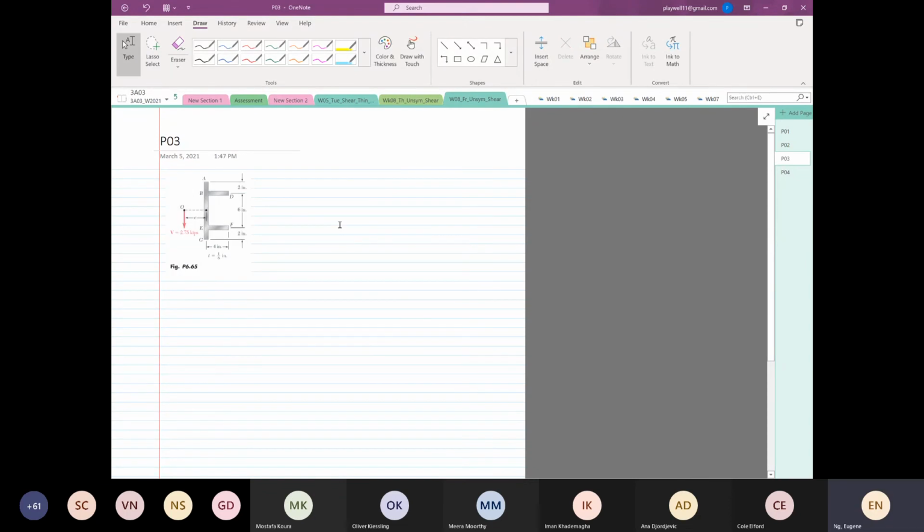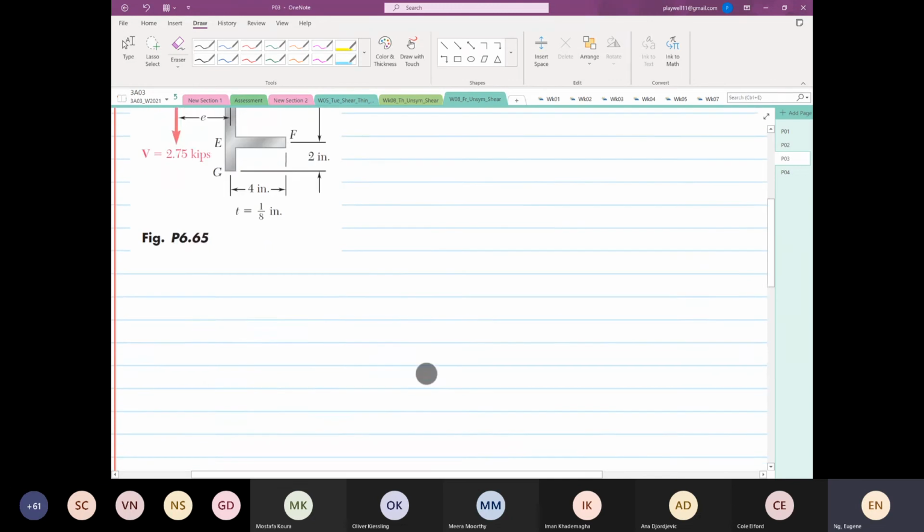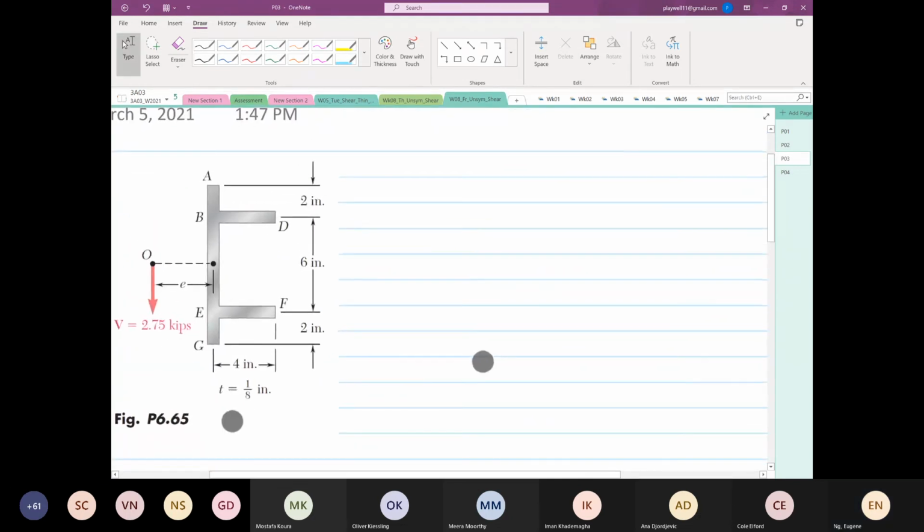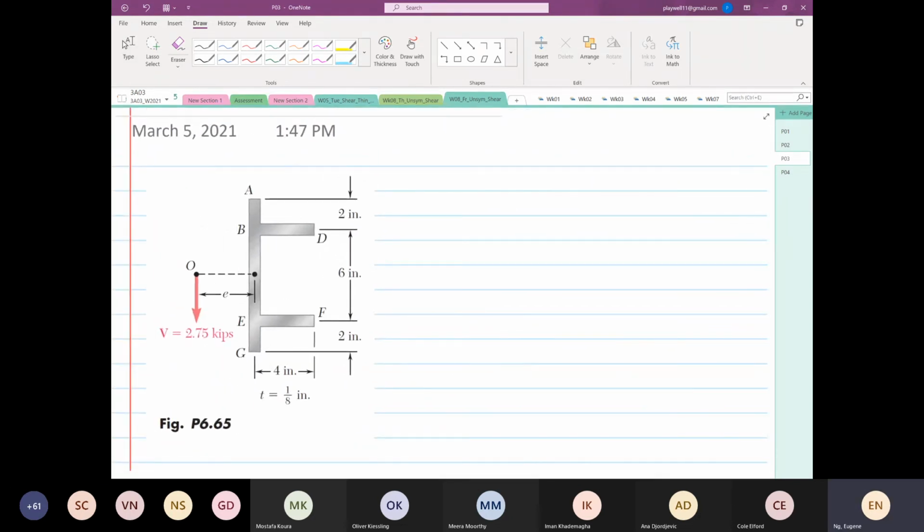So the next step we're going to do is take moment about C now. We know we have this value over here, which I'm going to call my FBD.